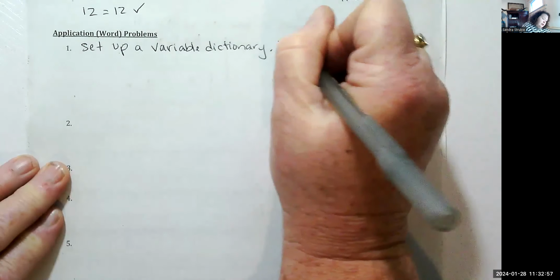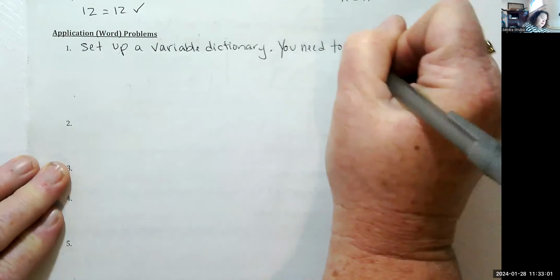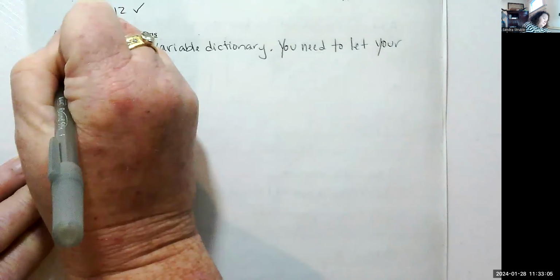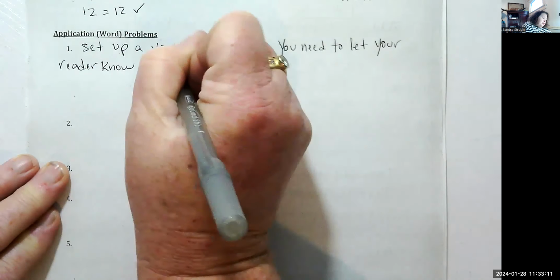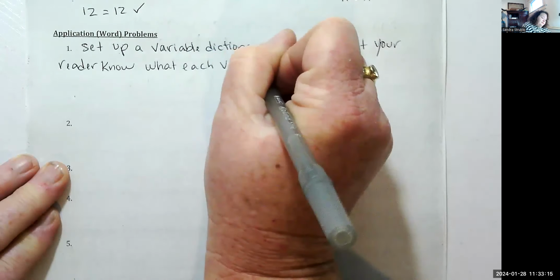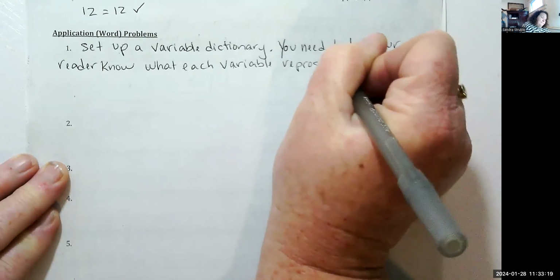You need to let your reader, which would be me, know what each variable represents. Okay.